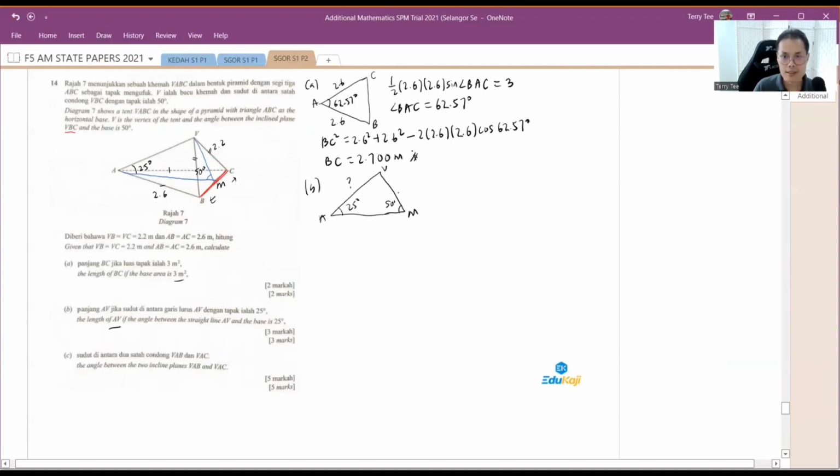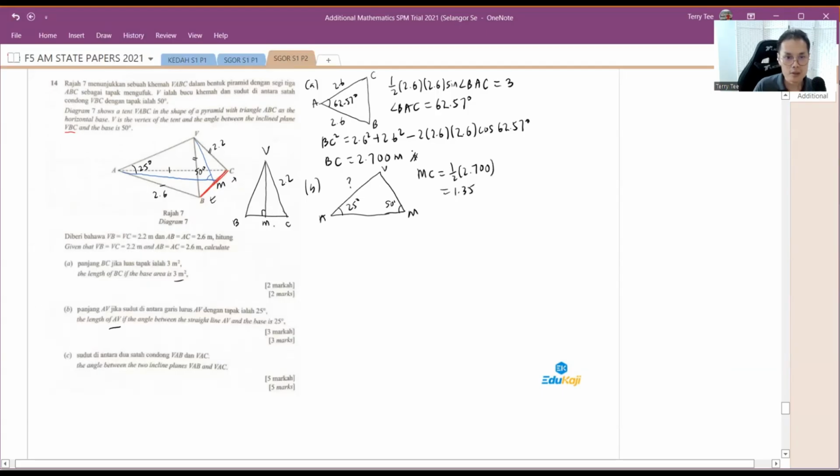So what I need is the length of VM. Now, if you look at the slanting plane, this is VM. This is perpendicular in the center. This is your B. I put C here, 2.2. So we can find VM. If BC is 2.7, your MC should be half of 2.7, which gives us 1.35.